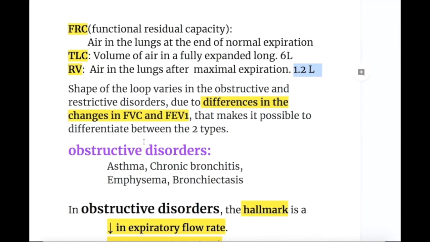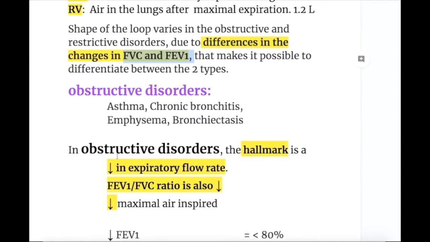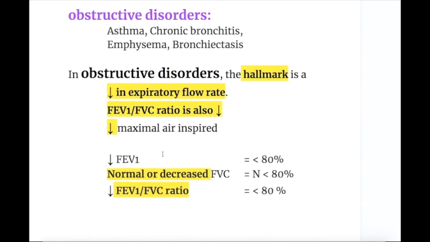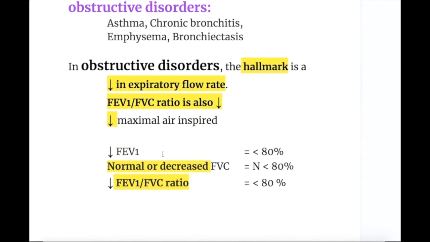The shape of the loop varies in obstructive and restrictive disorders. Why? Due to differences in changes in the FVC and FEV1, which make it possible to differentiate between the two types. Now, the obstructive disorders include asthma, chronic bronchitis, emphysema, and bronchiectasis. So what's the hallmark in obstructive disorders?